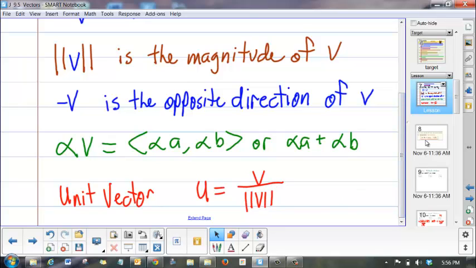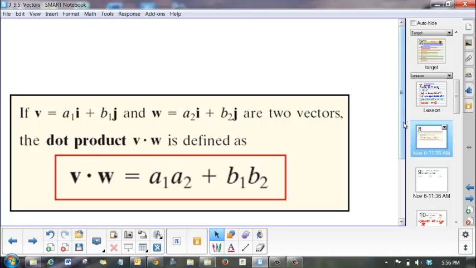All right, so let's get right to it. The dot product to start. So if we have our vector v and here's vector w, the dot product is defined, and we'll need the dot product for our next rule, so that's why we're doing dot product.